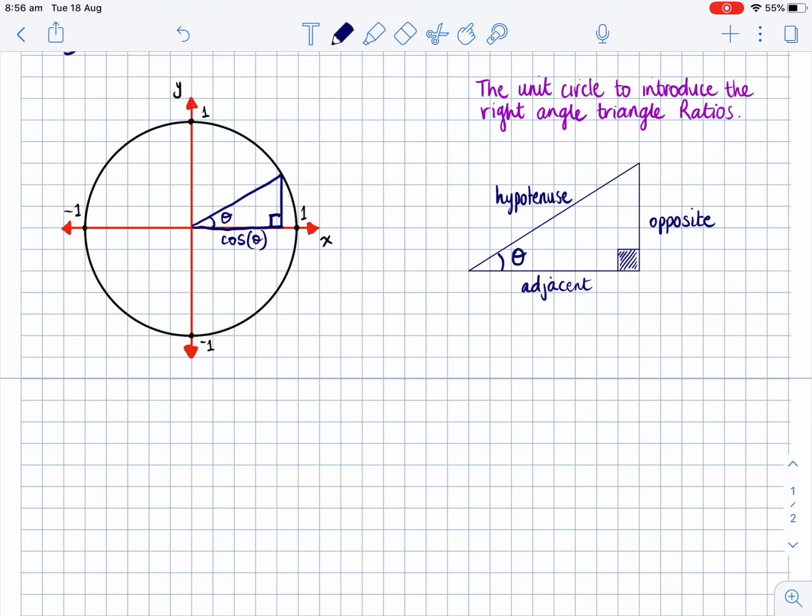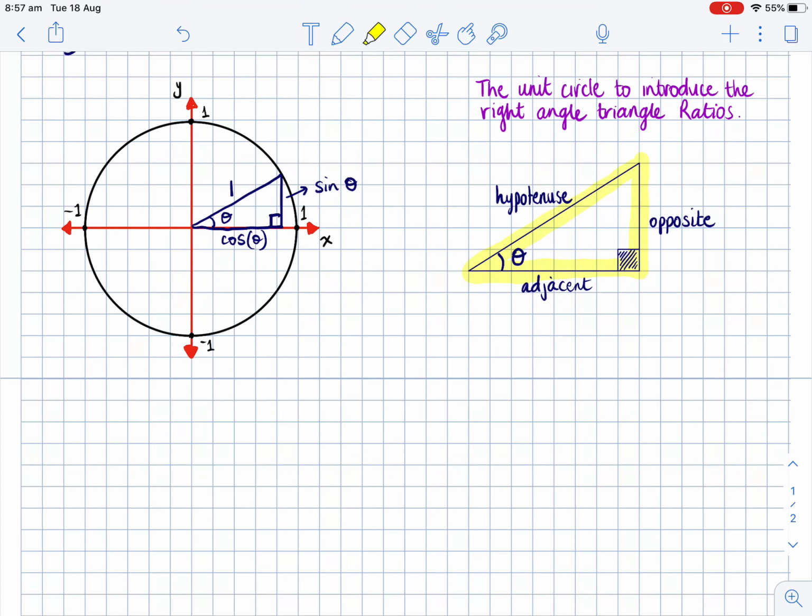And in my unit circle, the side lengths of these triangles are given like that. If I have any triangle at all outside of the unit circle, we can label the sides as the opposite, the adjacent, and the hypotenuse, like this.